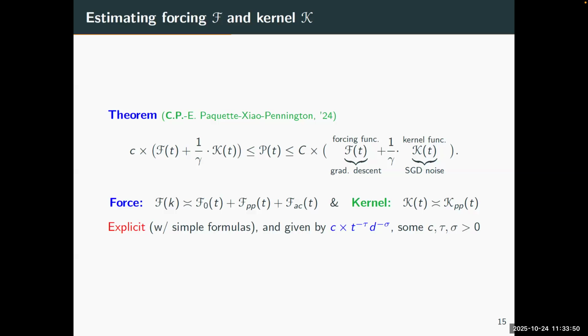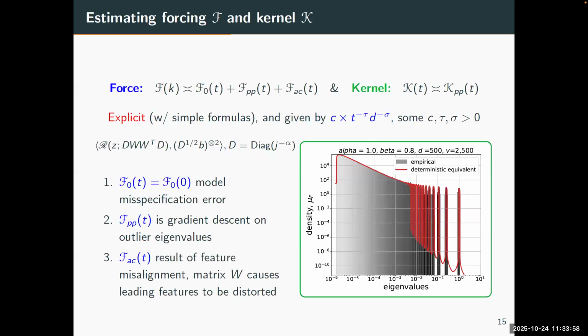And so each of these components is just a function of T to some power, D to some power, that you can write down. Where do these powers come from? They come from the eigenvalues of the Hessian, or this K hat matrix that I was showing you. So the idea is that you have these power laws, which look like J to the minus alpha, so you have these sort of spikes in here. But the problem is that you hit it with a random matrix, W, which distorts the spikes a little bit.